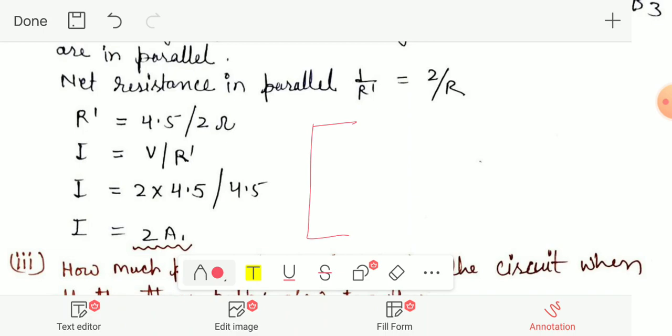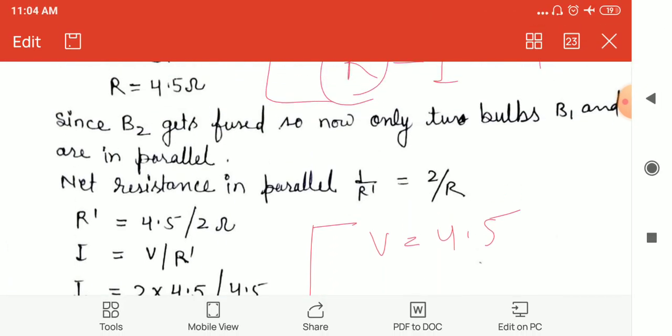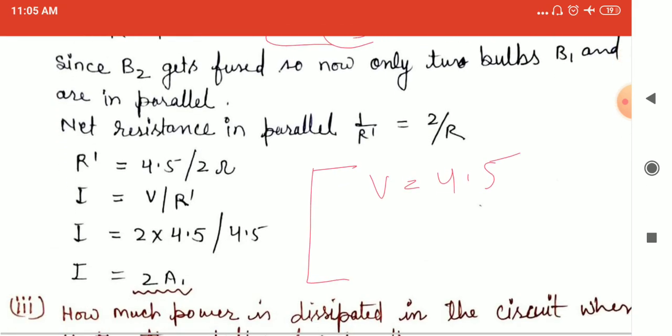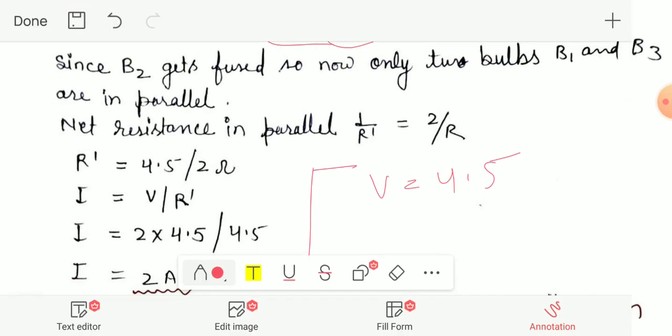The value of V is 4.5 and R dash is 4.5 upon 2 ohm.